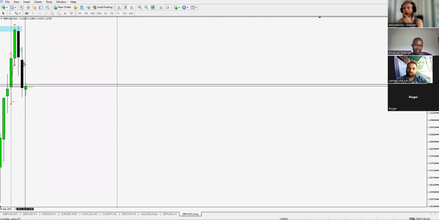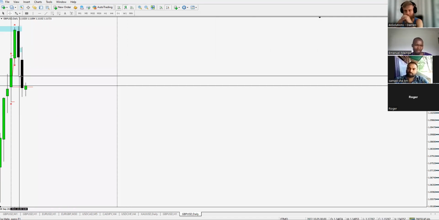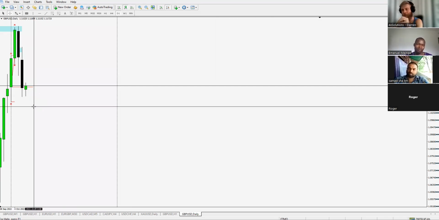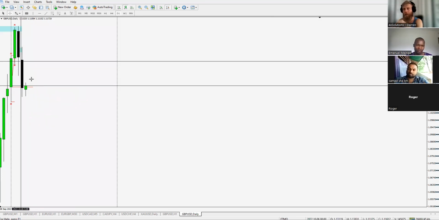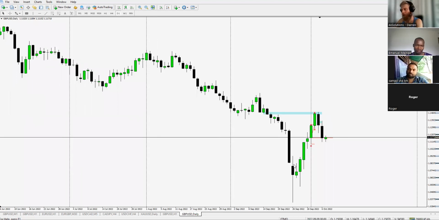Yes, I would agree. Until I get a retest of the area, maybe price trades into the SIBI here and then rejects, goes lower and closes lower, then I consider that this is now daily bearish. But for 1, 2, 3, 4, 5, 6 days, price has been bullish and it's been expanding higher.